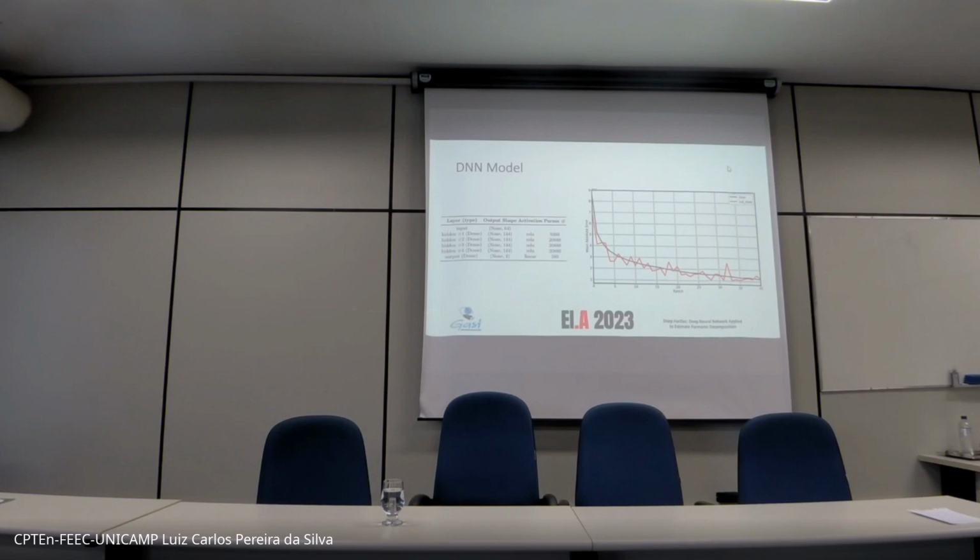So after the grid search, we found this architecture of DNN model, which has 4 hidden layers with 144 neurons in each layer, and ReLU activation function in each layer. And in the output layer, we have a linear function. So we trained our model for 40 epochs, as we can see in the figure.